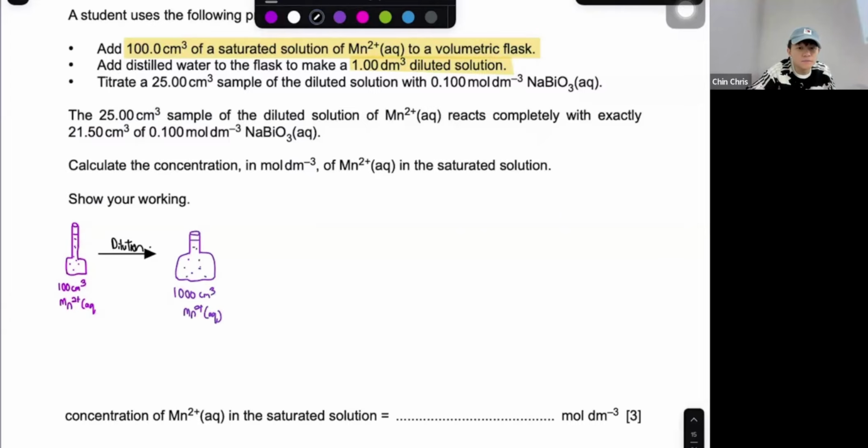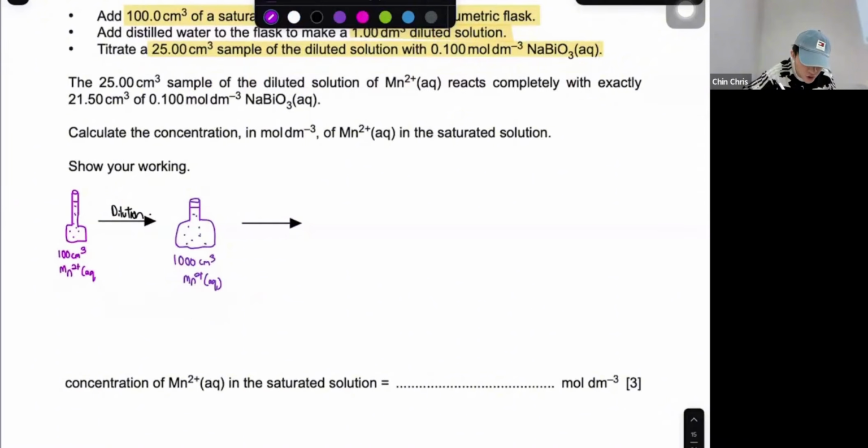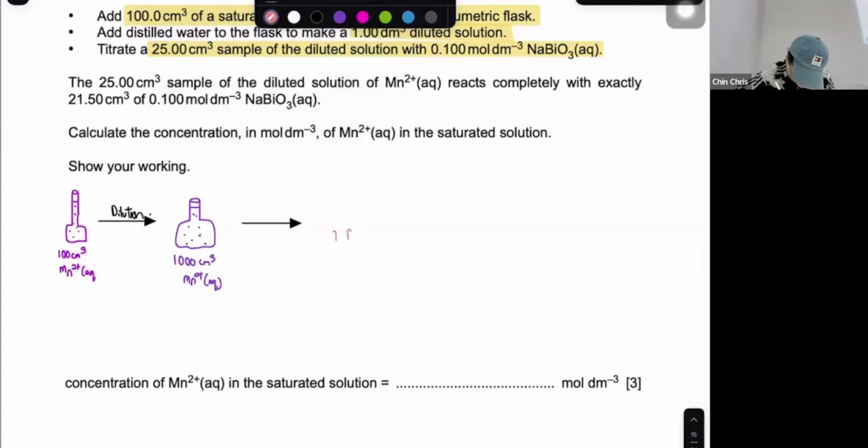Alright, next. What's next? The next part, you see 25 cm cube of sample. What you're going to do is take just 25 cm cube of the sample and put it into a conical flask.